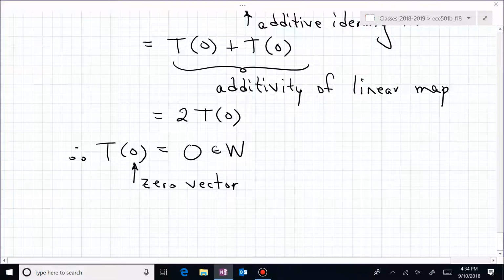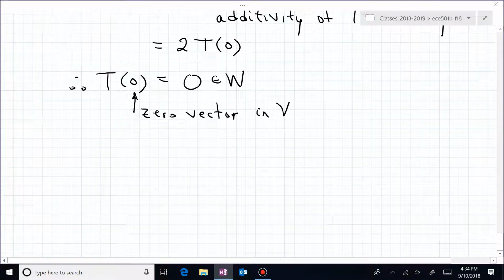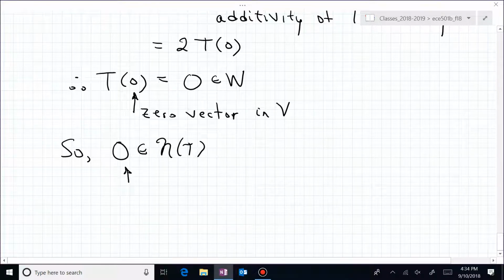That's in the domain, which is V. And that's what we were trying to show, that the 0 vector belongs to the null space. Any vector that when operated on by T maps to the 0 vector is in the null space. And here we've shown that the 0 vector is actually in that null space. So we've shown property 1. So 0 is in the null space of T, where this 0 is in V. There's property 1.